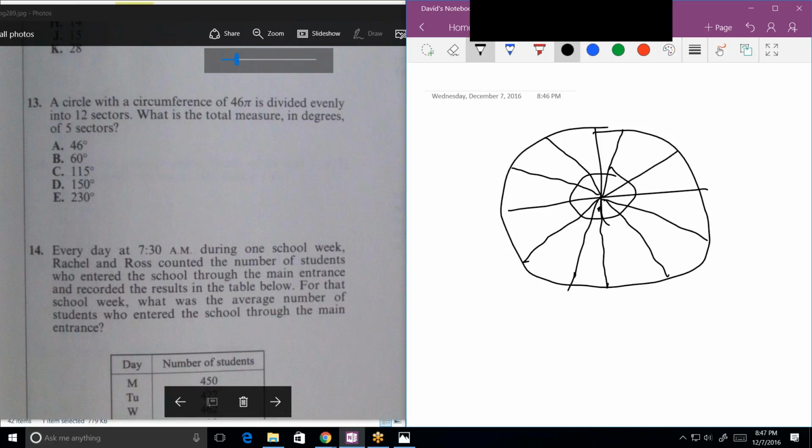In other words, if you go from here to there, that's 90. That's another 90, that's 180 degrees. Keep going, that's 270. Go all the way, that's 360. So what's the measurement of each slice?